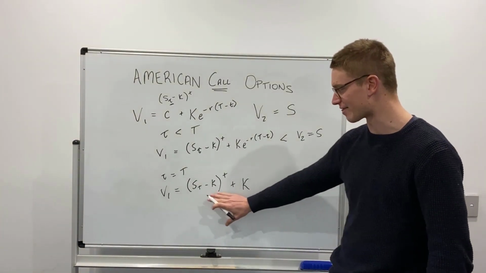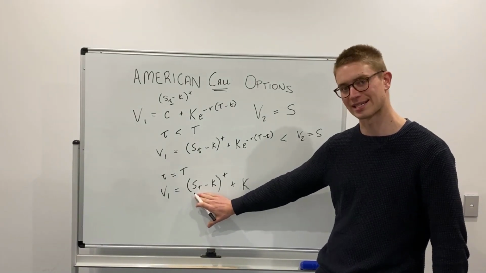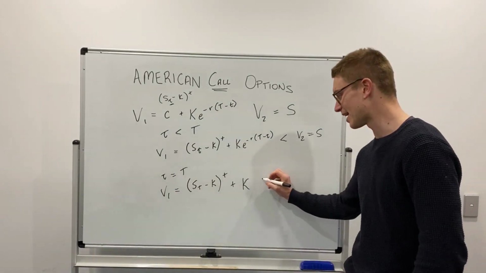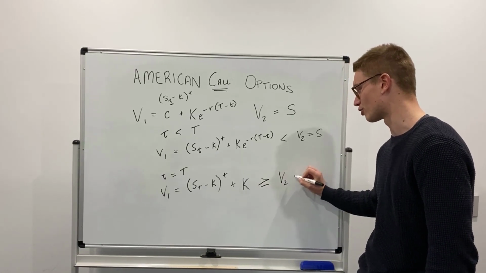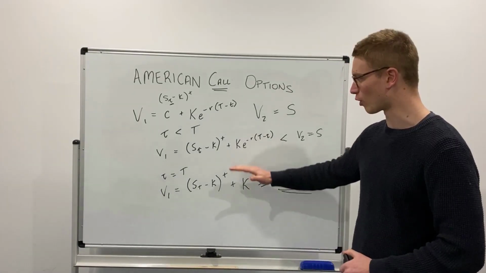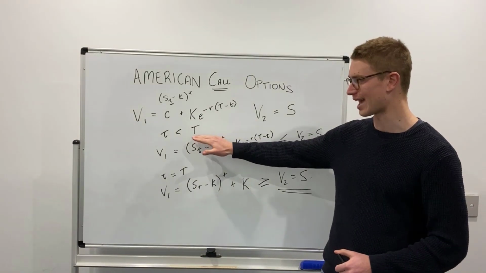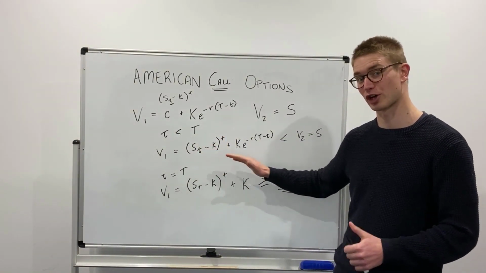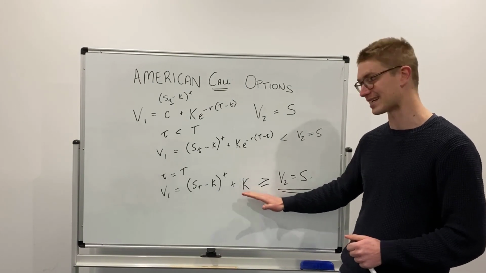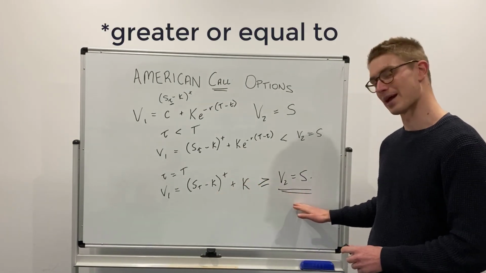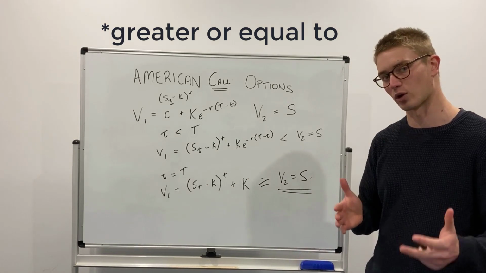This means that this value, no matter what ST ends up being, is always going to be greater than or equal to V2, which is the price of the share. For all times, you should not exercise an American call option early because the continuation value that you get is larger than the amount that you would be exercising for today.